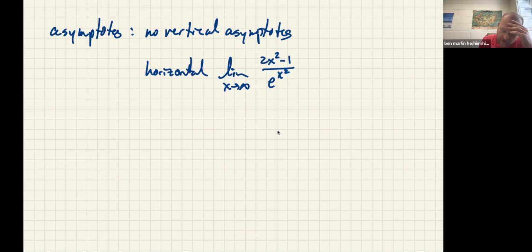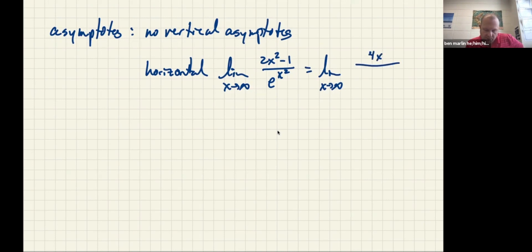If we take that limit and try it out, we can immediately see that we end up with infinity over infinity. So that means we'll use L'Hopital's rule and we'll get the top to turn into just 4x.